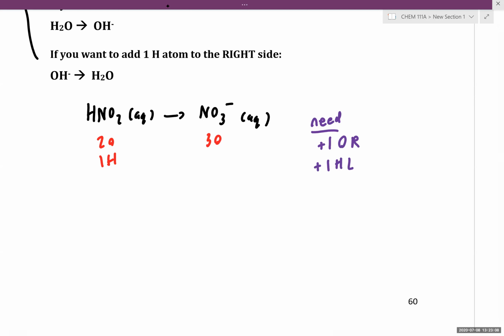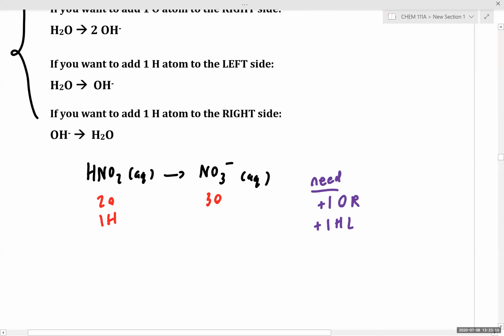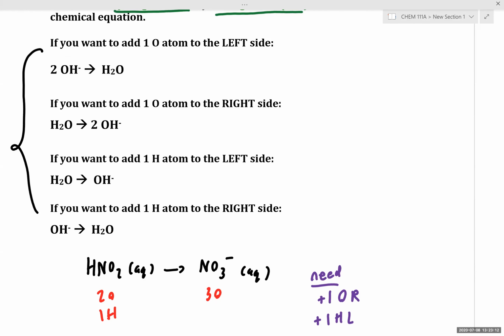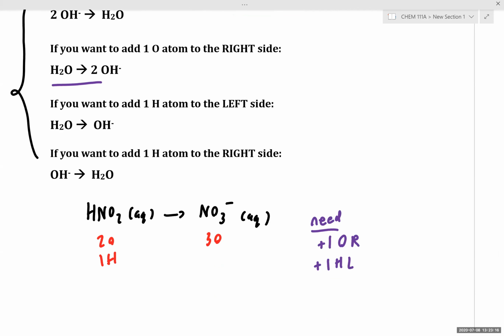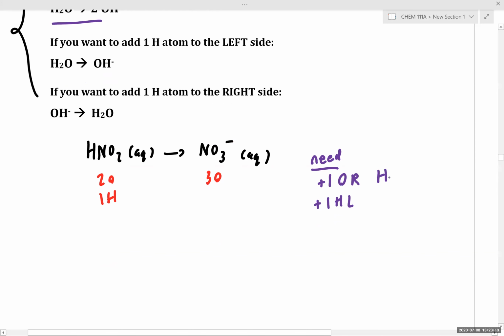Looking at my reference sheet, if I wanted to add 1 oxygen atom to the right, I add the following pair: H2O leads to 2OH. And if I want to add 1 hydrogen to the left, I add H2O leads to OH minus.